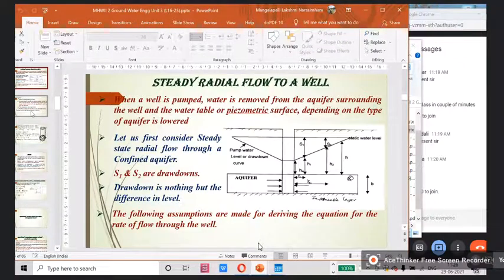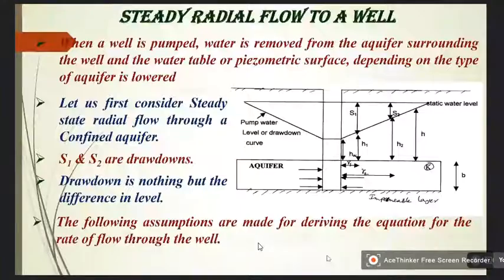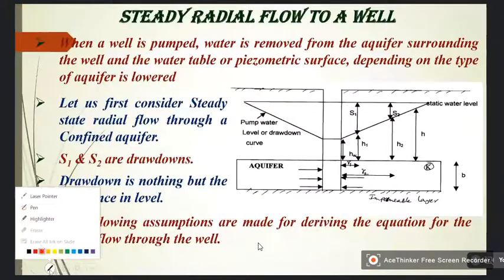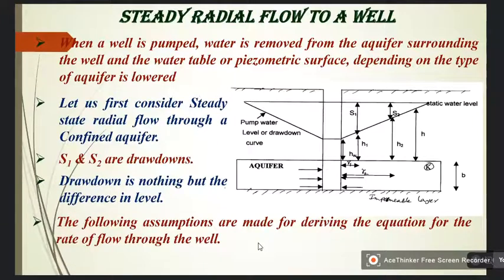Just to have a better feel for the steady state case, we are going to consider again. When a well is pumped, water is removed from the aquifer surrounding the well. Now, you can see here, this is the aquifer. This is an impermeable layer.